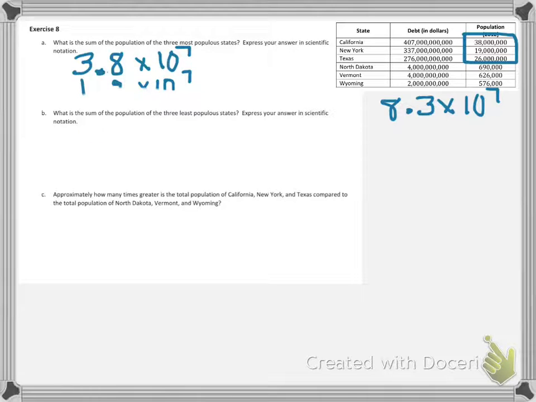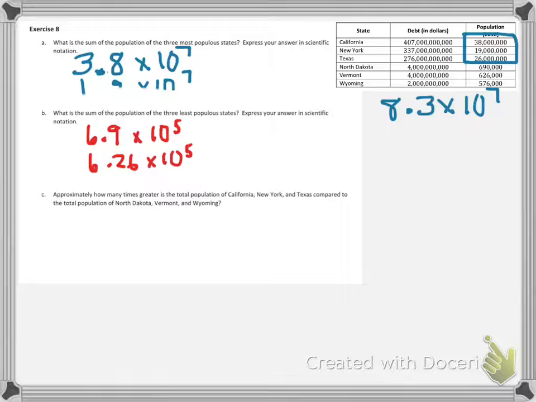And let's see, now I want the 3 least populous states. So I'm going to have to move 5 decimal places to get 6.9 times 10 to the 5th for North Dakota, 6.26 times 10 to the 5th. That's Vermont.